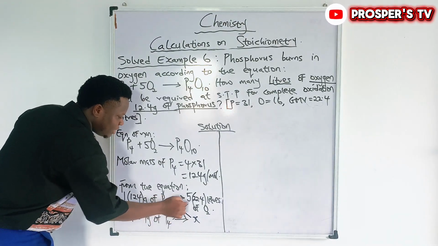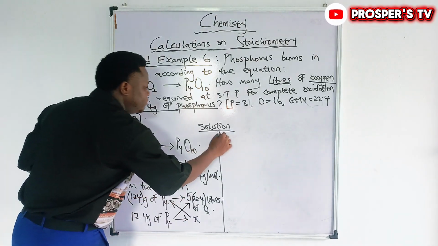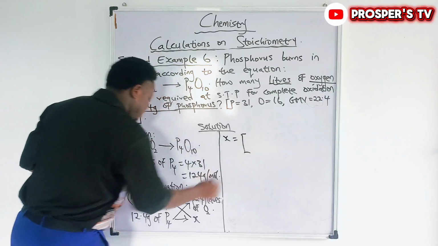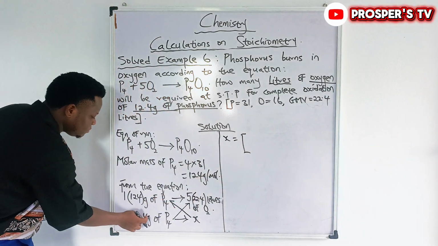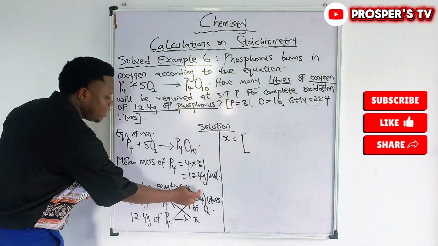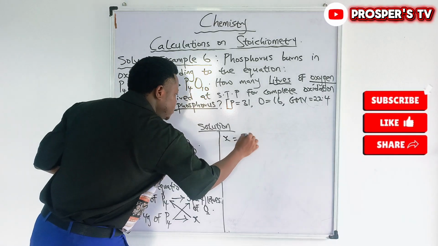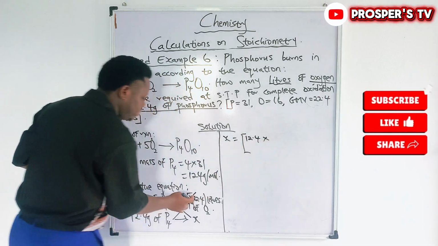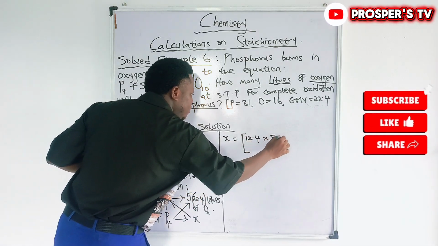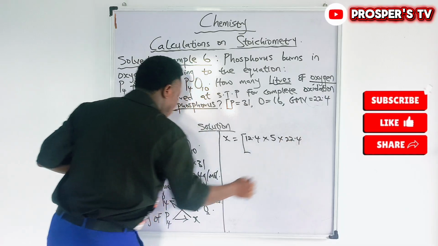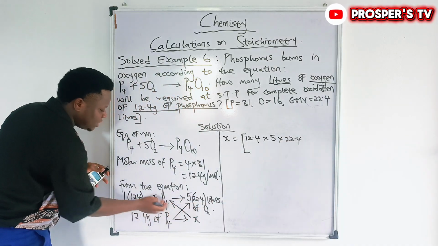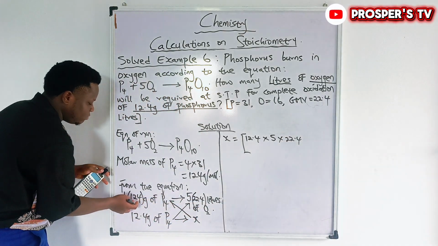X multiplies here, this number multiplies this. At the end of the day, when you make X alone, you're going to have that 12.4 would multiply all the numbers here. So you see 12.4 would multiply 5 and also 22.4. Then always remember that you divide with the number that X is multiplying.